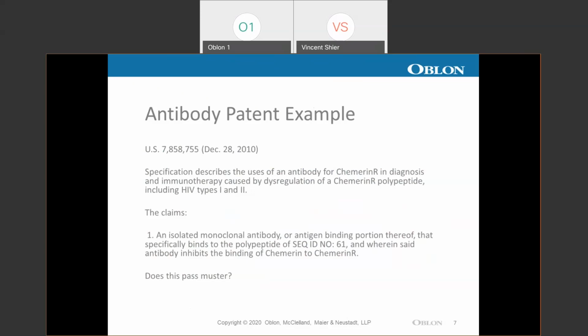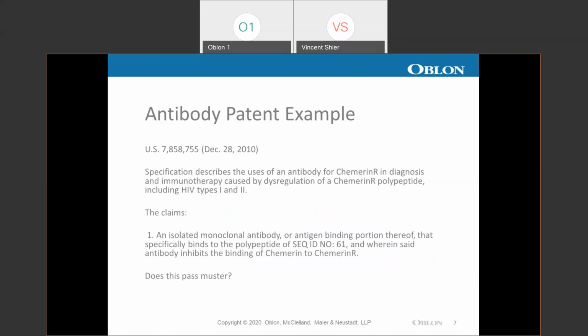With this general description, a claim would typically be presented, which is drawn to, in this case, an isolated monoclonal antibody, or the binding portion of the antibody to the antigen, and it would define a specific function or activity, which is binding to the epitope being SEQ ID number 61. And it would define expressly what the antibody's activity was, binding of Shemeron to Shemeron R.